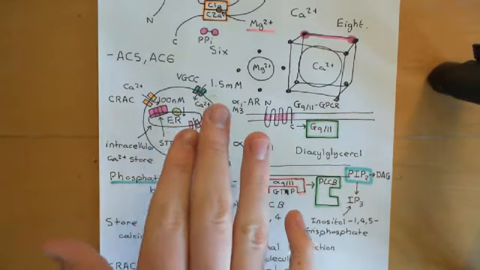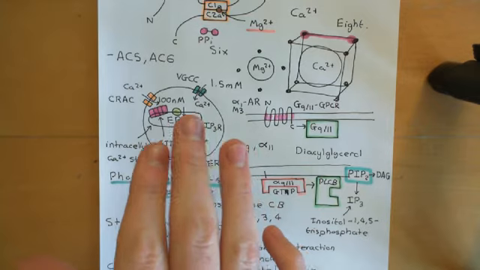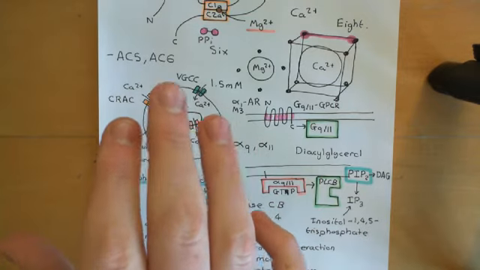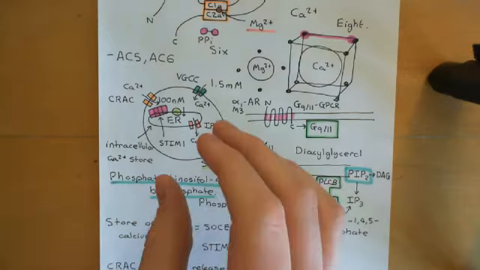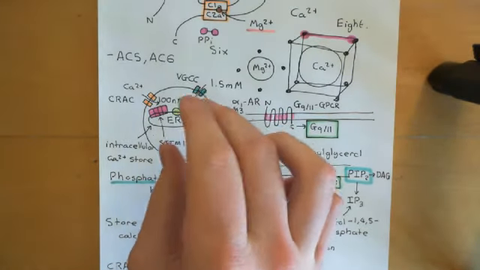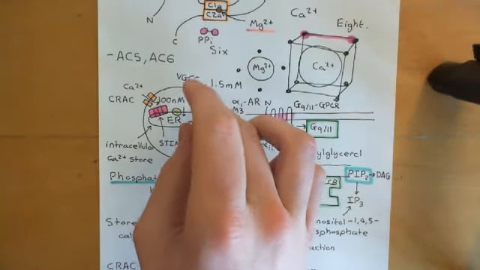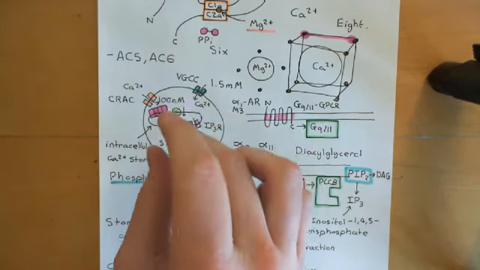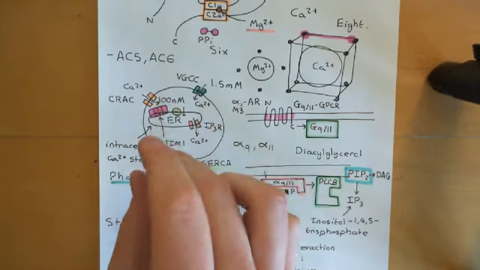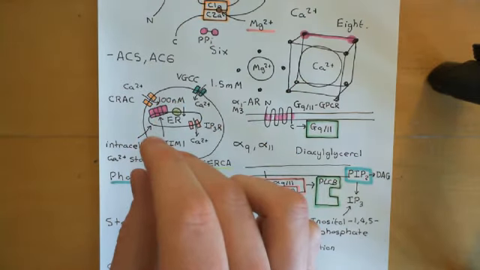Instead, we think that there are probably calcium signaling microdomains, just like there are cyclic AMP signaling microdomains. And in those microdomains, you'll have specific ways that can bring calcium into the cytoplasm, along with specific targets for that means by which you can bring calcium into the cytoplasm.